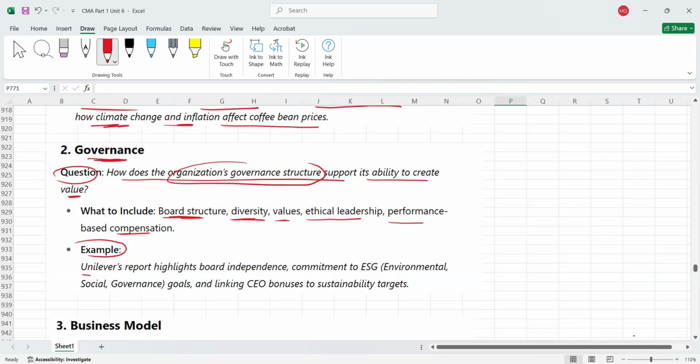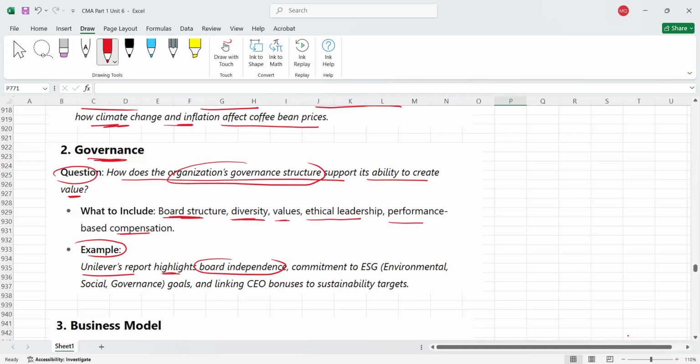So now here we got examples. For example, Unilever's integrated report. Unilever's report highlights board independence. Definitely we studied in corporate governance that board members must be independent members, and generally those people are non executive directors.